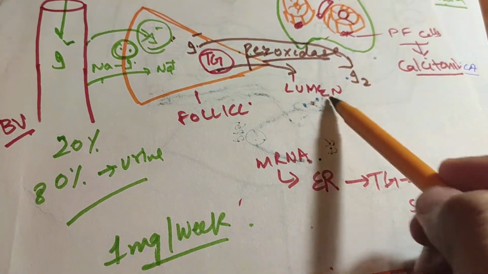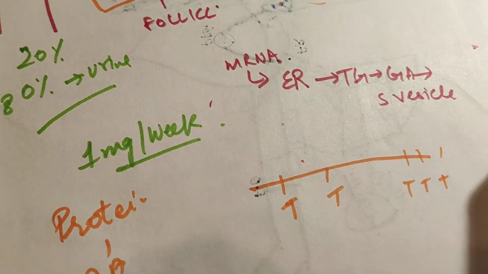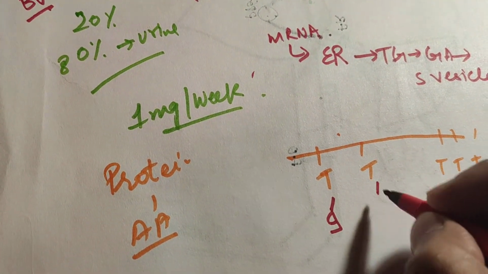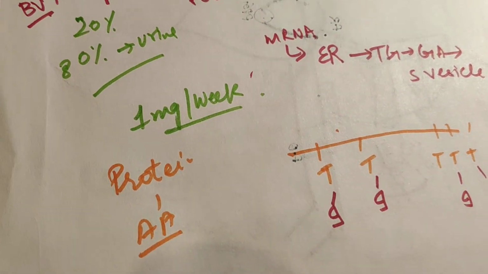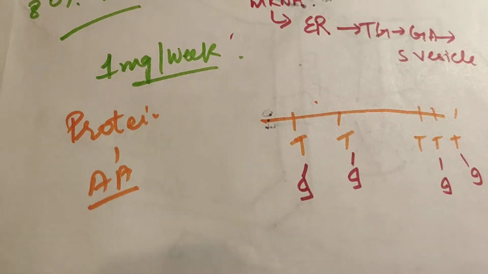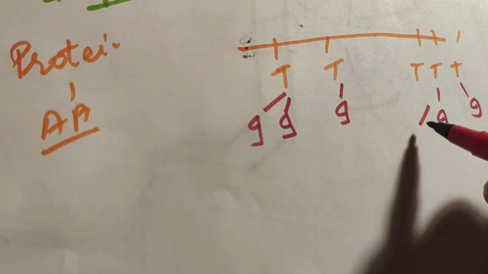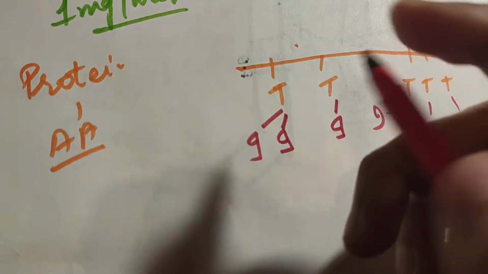Now what will happen? The iodine which has come here, this peroxidase enzyme will also make this iodine form bonds with these tyrosine residues. With a few tyrosine residues, 2 iodines, with some only 1 iodine. Like this is 1 tyrosine, 2 iodines.